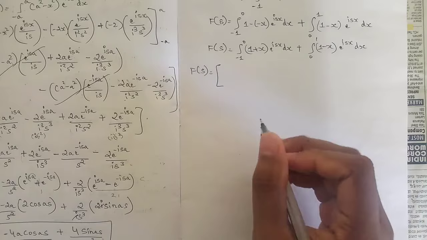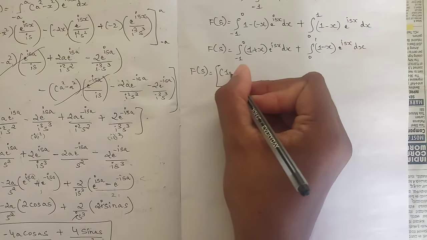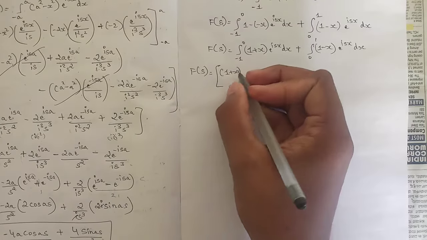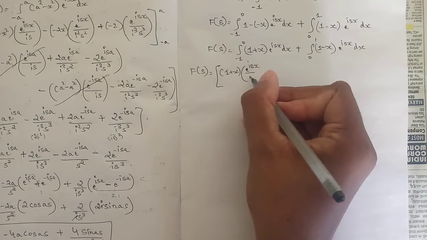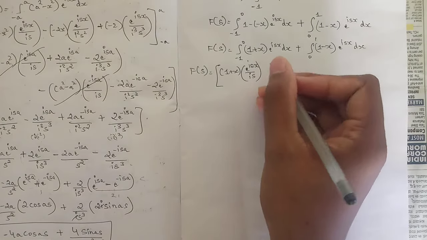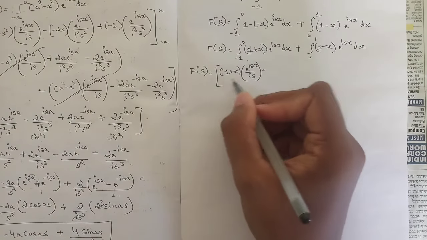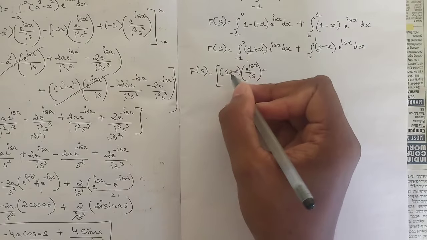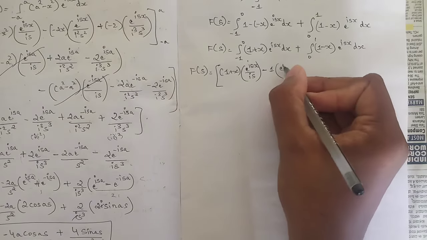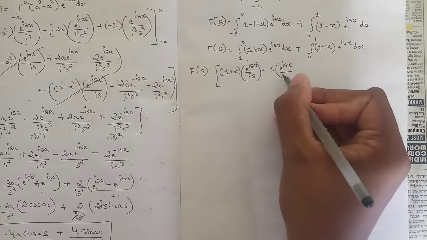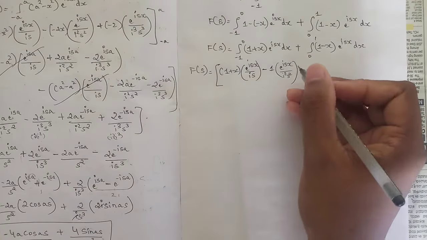First function as it is, into the integration of the second function, e power isx divided by is, minus the differentiation of this function, that is, differentiation of 1 is 0 and of x is 1, into e power isx divided by I square s square.